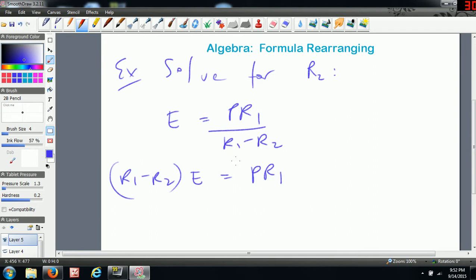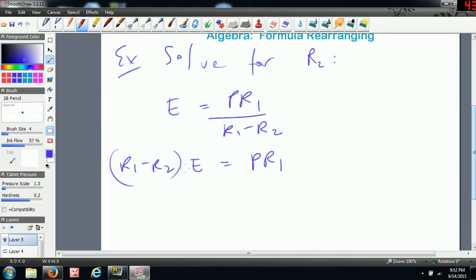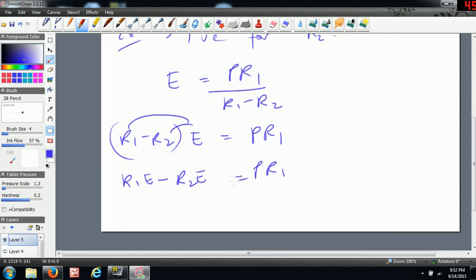R1 minus R2. And when we do that, this one ends up canceling, but the one on the left remains. And then we're going to open up the brackets, and when we do that, we get R1E minus R2E equals PR1. So the E goes here and here. Then we want to solve for R2, so we're going to move that over there.